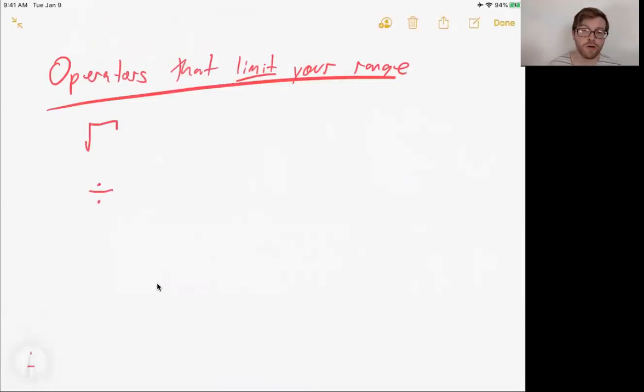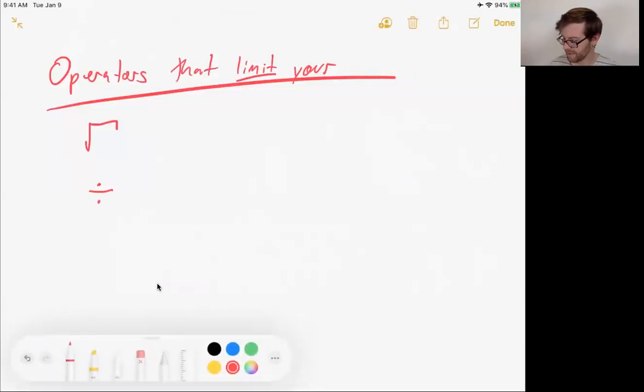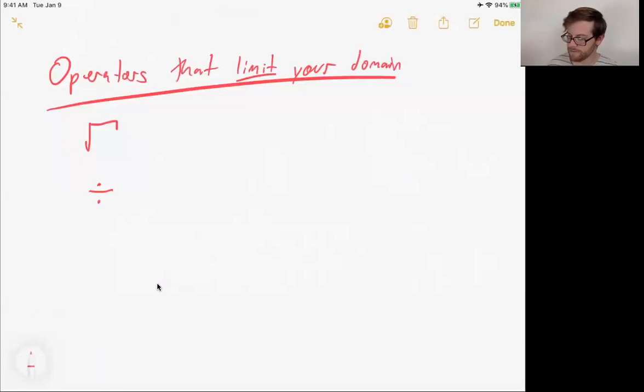And you probably know you can't divide by 0. So that one you have to watch out for. It'll limit your domain. Oh, I said range, but I meant domain. Okay, operators that limit your domain, excuse me. So you got the square root operator, the division operator, and those are probably the most common ones you're going to encounter in the beginning.